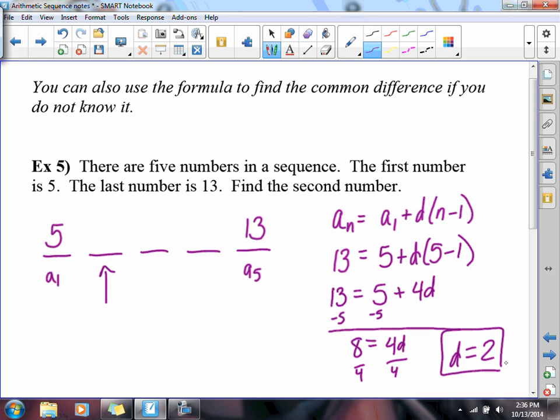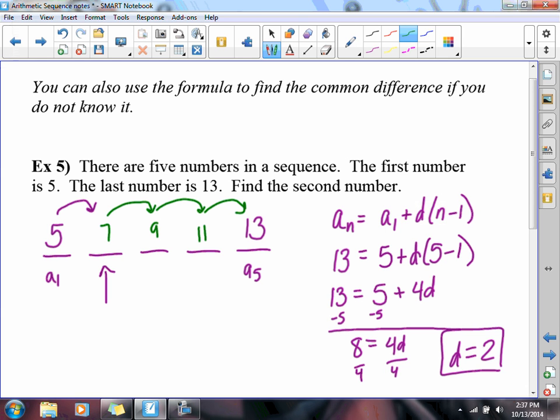Now I'm going to double check that with my other method. What's 5 plus 2? That would be 7. And 7 plus 2 would be 9. And 9 plus 2 would be 11. And 11 plus 2 would be 13. Look at that. Now we can fill in the whole sequence.